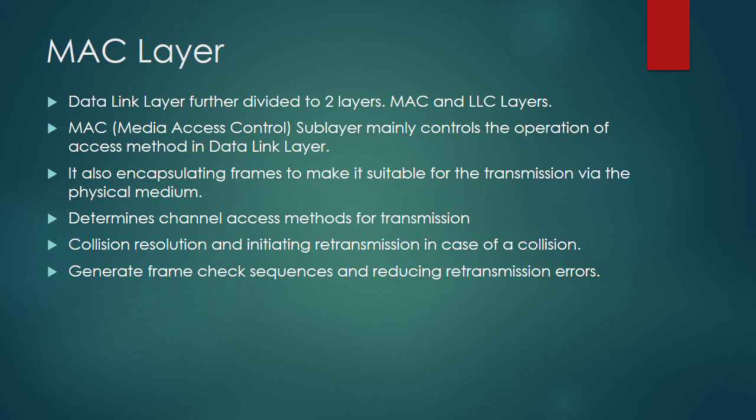There are two layers inside the data link layer. We call them the MAC layer and the LLC layer. The MAC layer is media access control, which mainly controls the operation of access methods. It also has a few more responsibilities: encapsulating the frames to make them suitable for transmission via the physical medium, determining the channel access methods for transmission, collision resolution, and initiating retransmission in case of a collision.